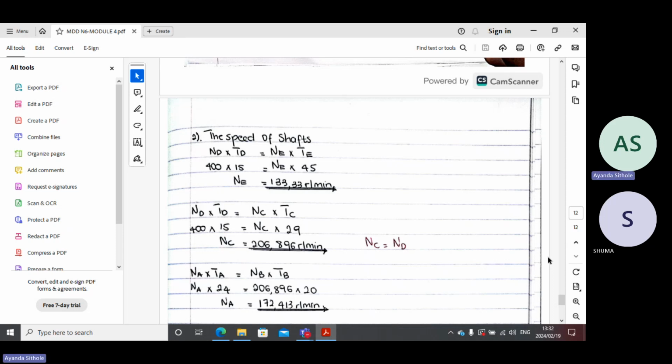NC and B are mounted on the same shaft, so the speed for C and B will be equal.